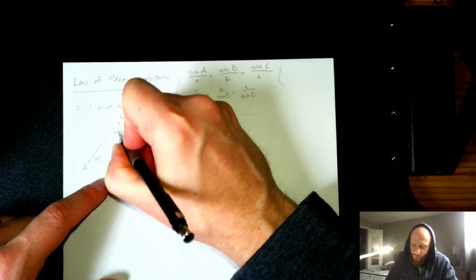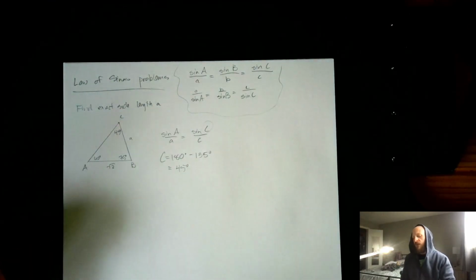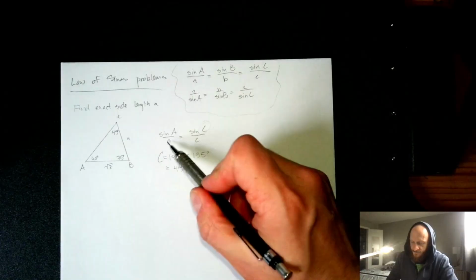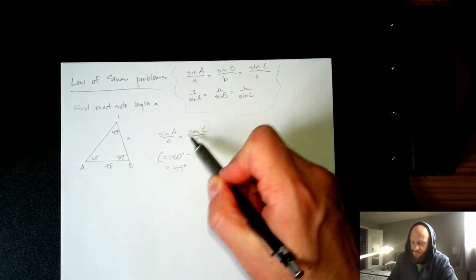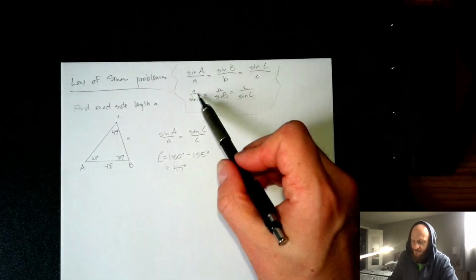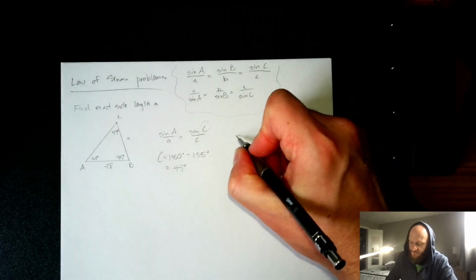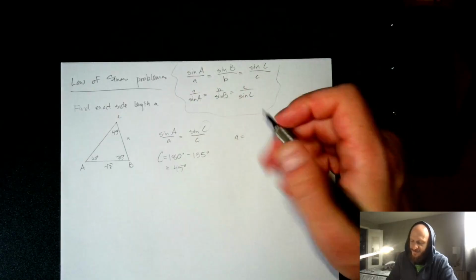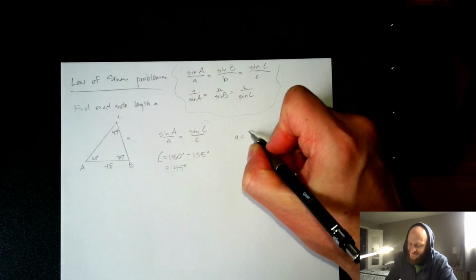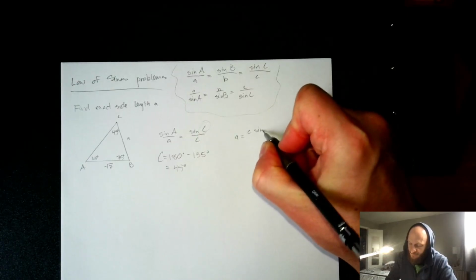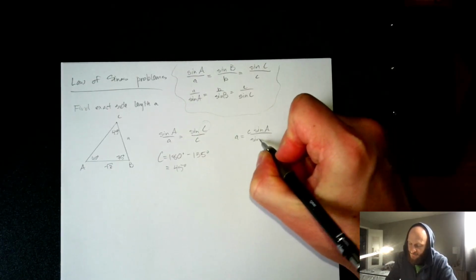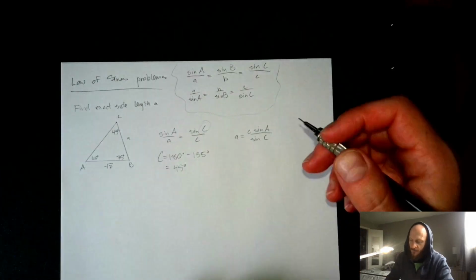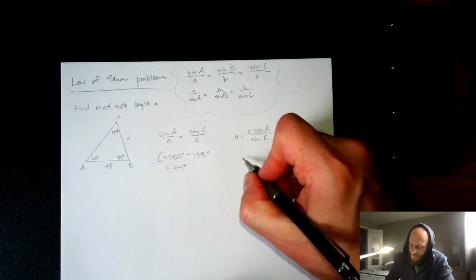Cool. All right, so we can fill that in, and now we have all of the pieces that we need to solve for side A. I'll rearrange this one so that I have it in terms of side A. Just multiply through by sine of A, and we get that A is equal to C times the sine of A over the sine of C. Now we've got all of the pieces.